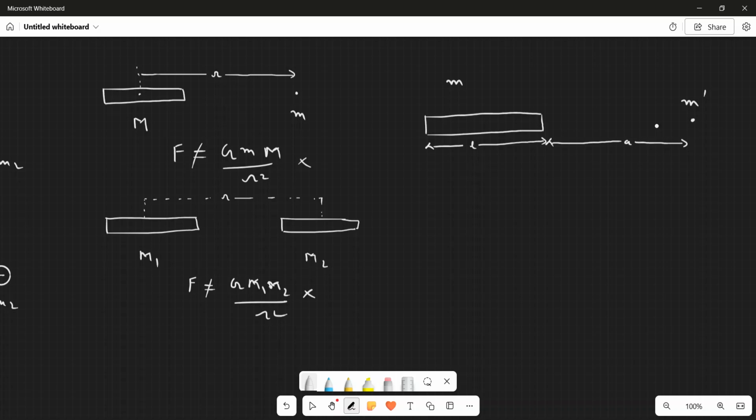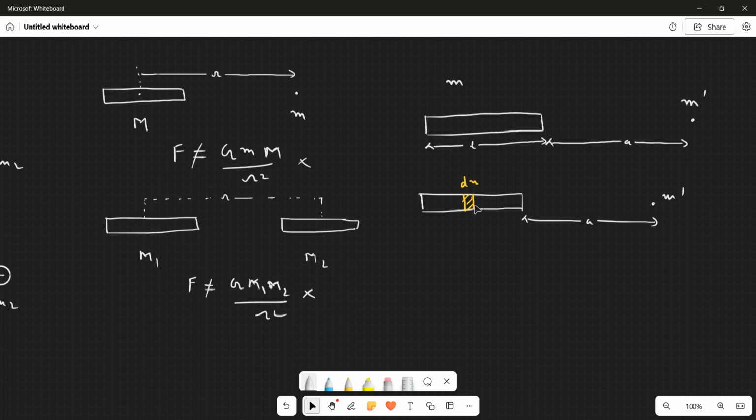As I mentioned earlier, we have to deal with calculus. Now let's say this is my rod, and I took a small element. Let's say this length is dx. Now I will find the gravitational force of this small dx with respect to the mass m dash, and the distance between them is a.